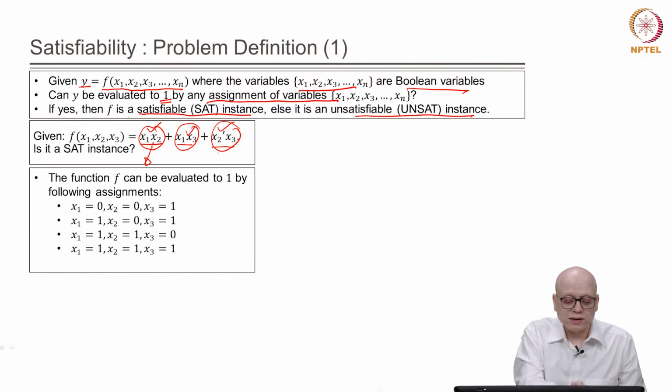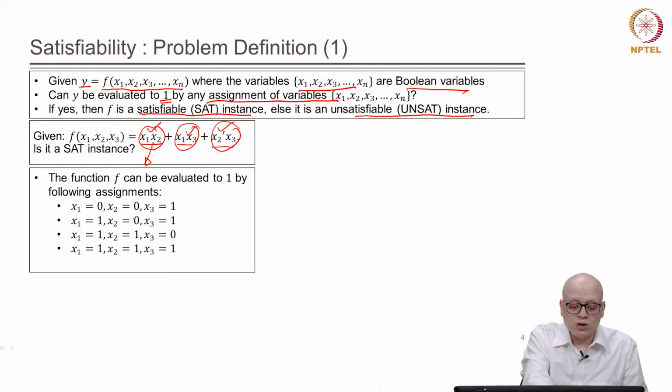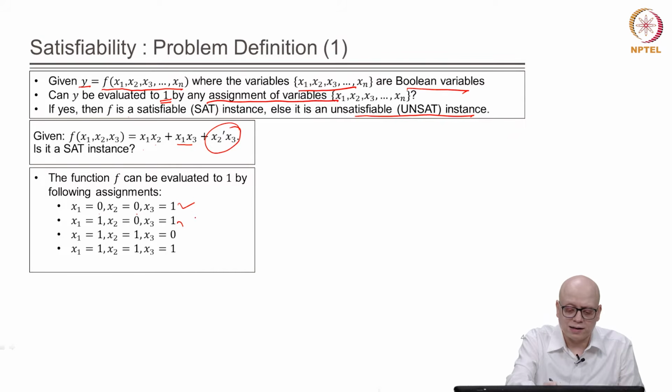So, the function f can be evaluated to 1 by many assignments. For example, x1 = 0, x2 = 0 and x3 = 1. If we take this assignment, then the last term will become 1, and therefore f will become 1. Similarly, there are other assignments.